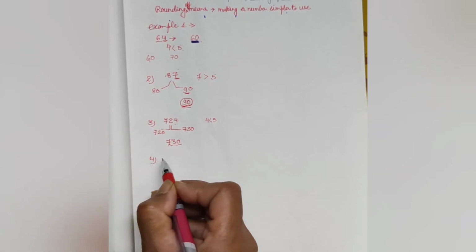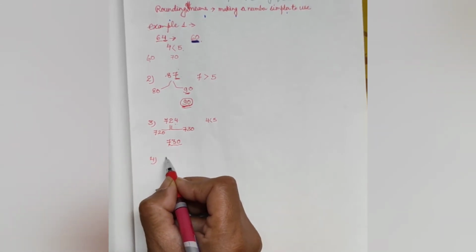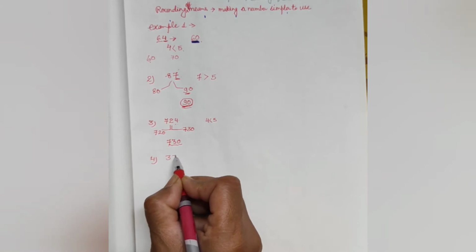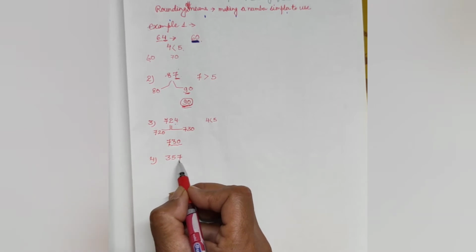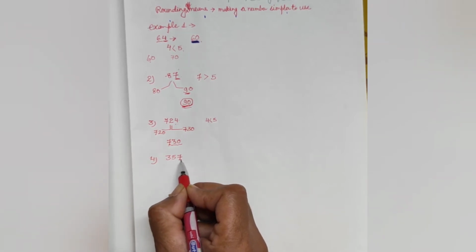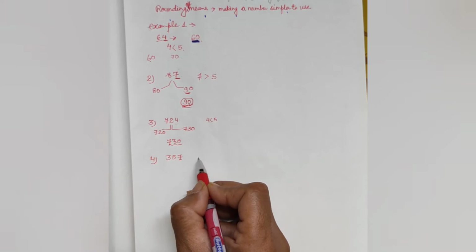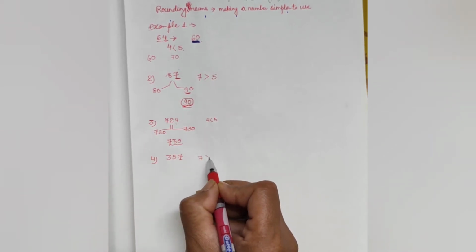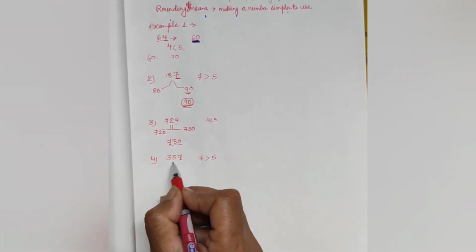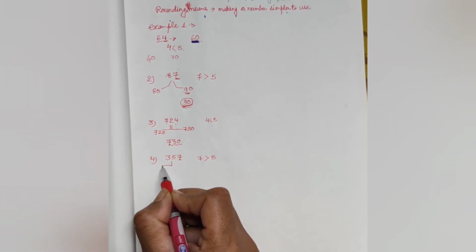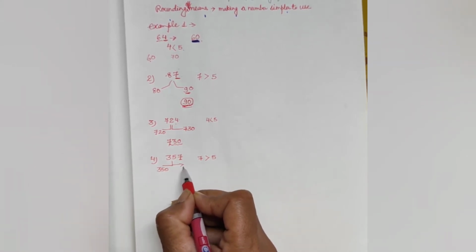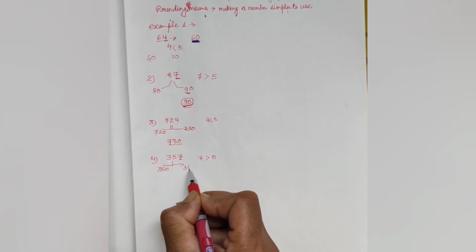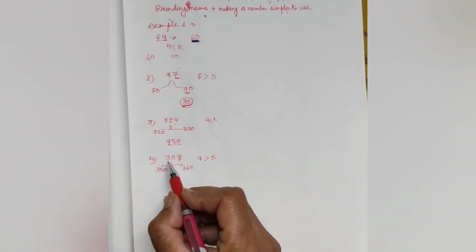The next example is 357. If we check the ones place digit, that is 7, which is greater than 5. Now the lower number is 350 and the upper number is 360.